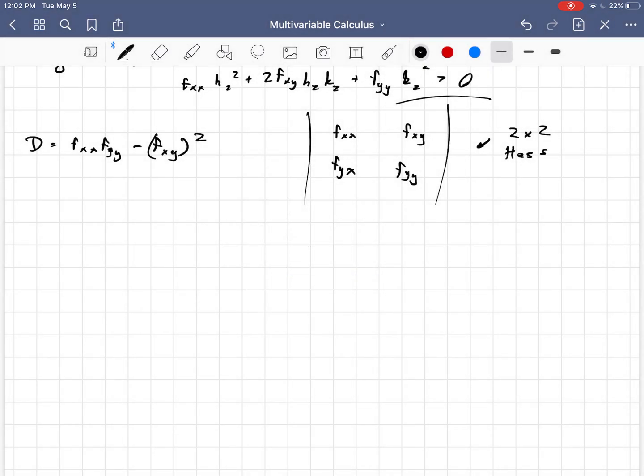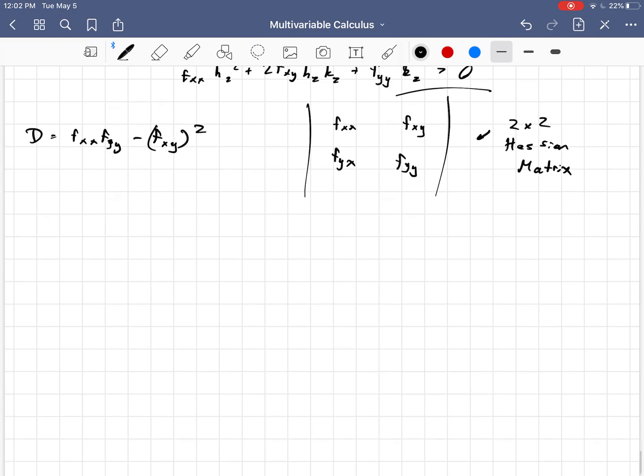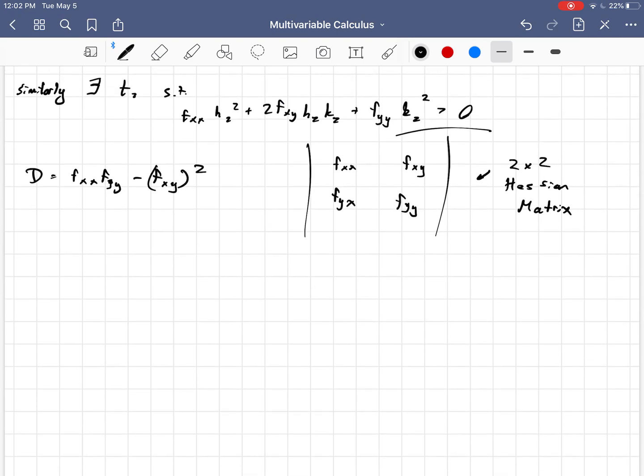Oh, it's almost full. Better stop recording soon. And so this is just a special case, in fact, of a more general Hessian matrix. I know the proof involves some eigenvalues of this determinant. So if you're familiar with eigenvalues and eigenvectors, go right at it.